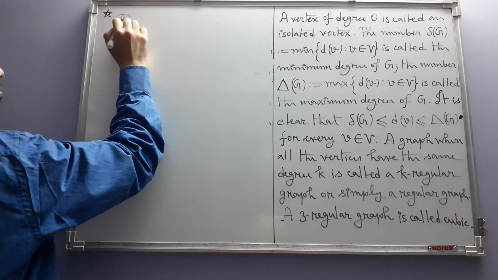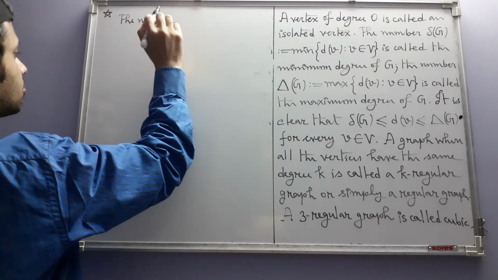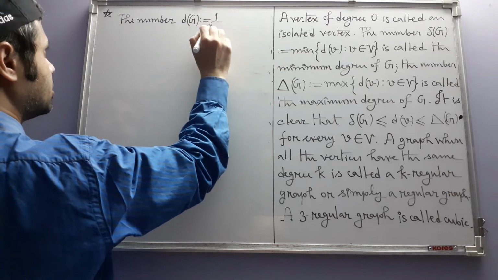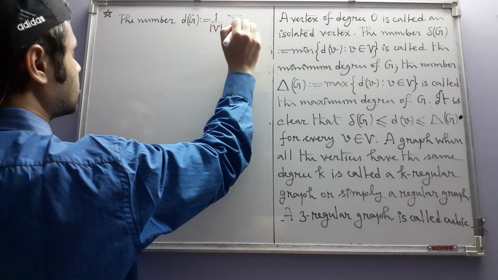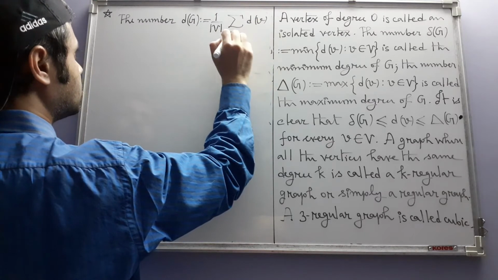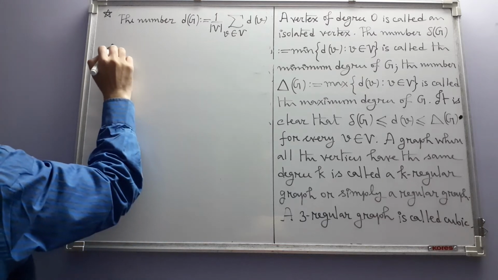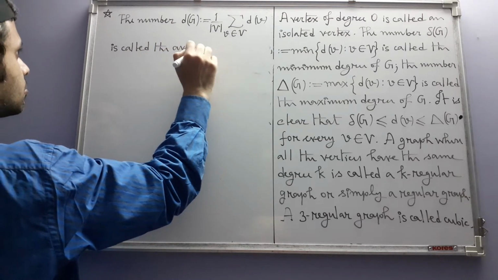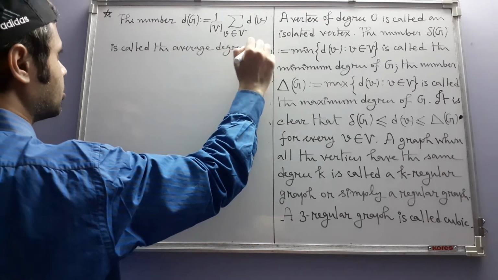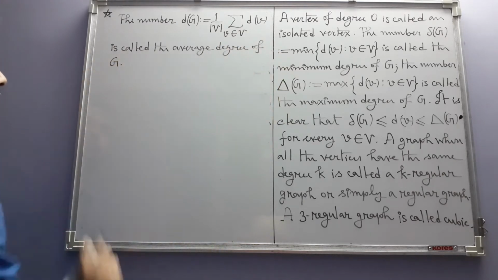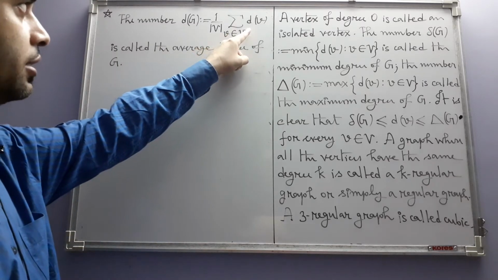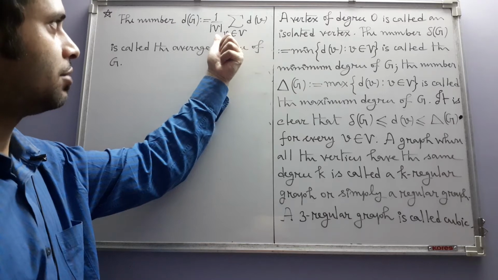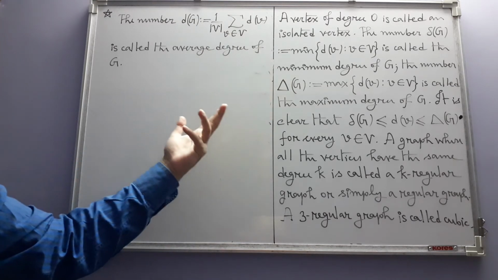The number dg, which is defined to be this summation of dv over v belonging to V, is called the average degree of G. Average degree, because what we are doing here is that we are taking the degrees of all the vertices, adding them up, and then dividing by the total number of vertices. So that's why it's called the average degree of the graph.